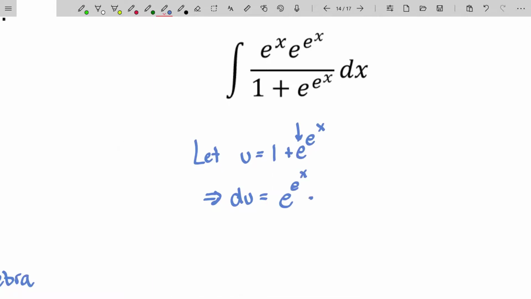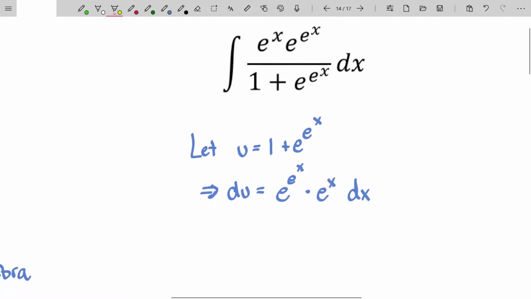But by the chain rule, you have to take the derivative of that power. What's the derivative of e to the x? It's e to the x. And don't forget, you have a dx there. So the chain rule does come into play quite a bit in Calc 2. You have to be aware of that. The question is, do we have a dx times e to the x times e to the x to steal? And the answer is yep, we sure do.